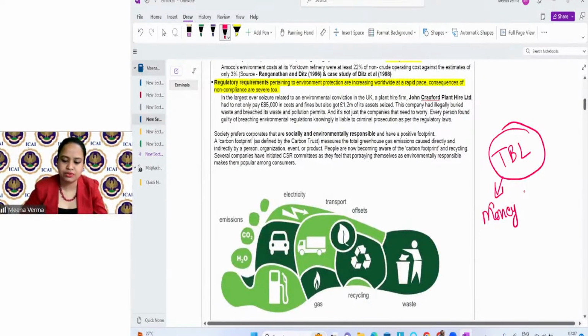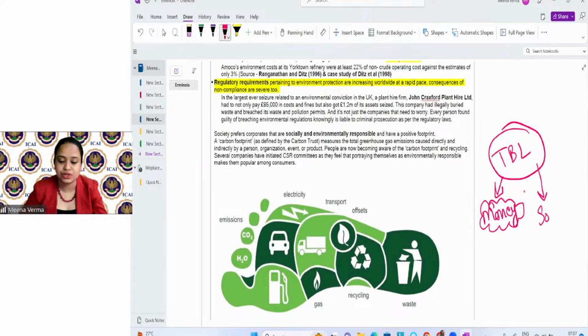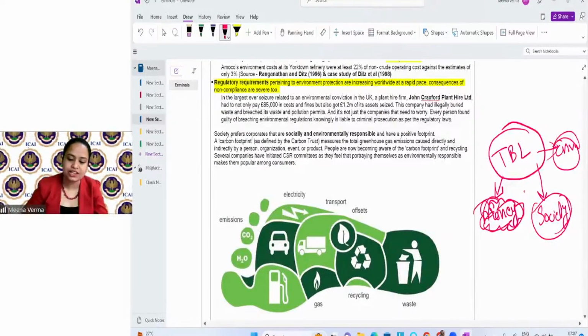That will be financial factors. The company is also liable toward the environment. The company is also liable toward society. Because you're using the resources from the environment, you are accountable toward society. So the point is that organizations should not just engage in making money.